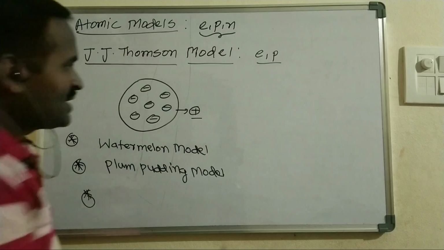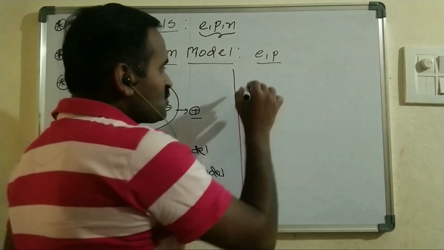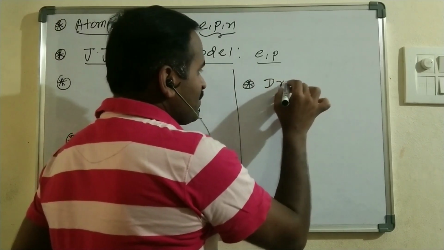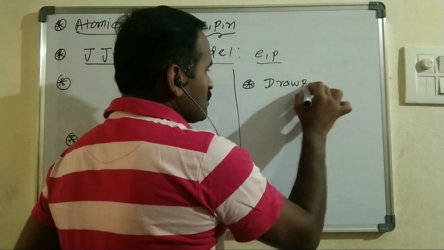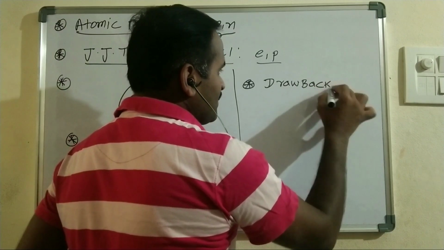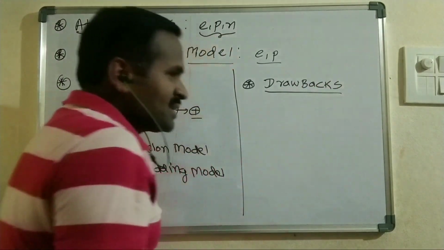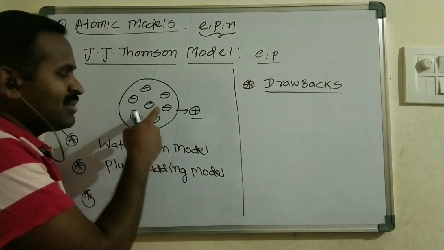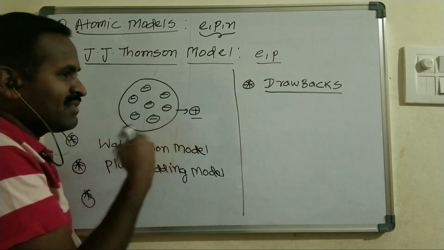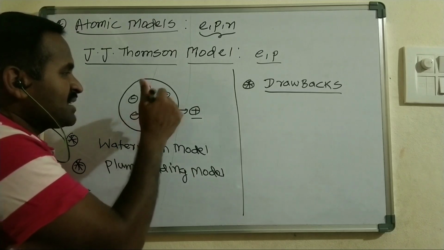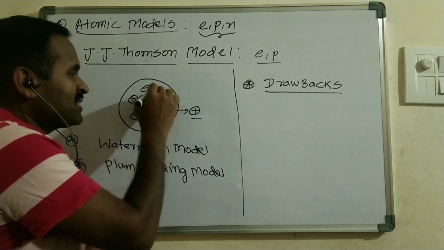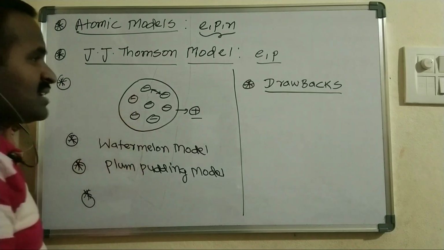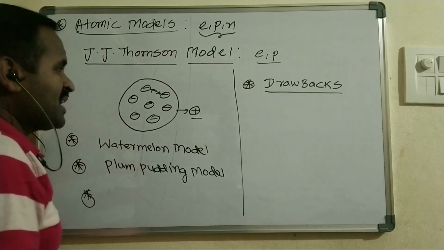This atomic model also has certain drawbacks. The first drawback: subatomic particles like electrons and protons are arranged inside the atom.